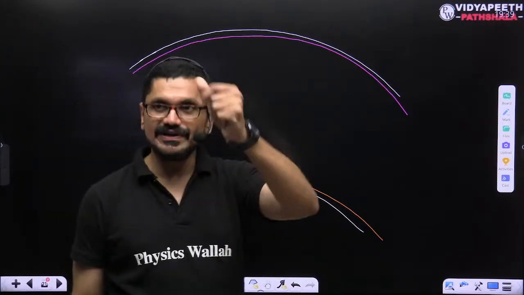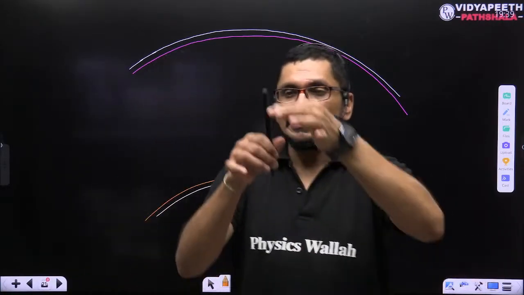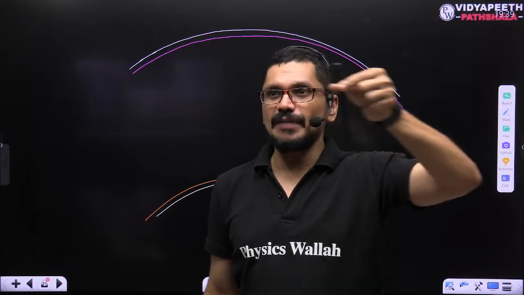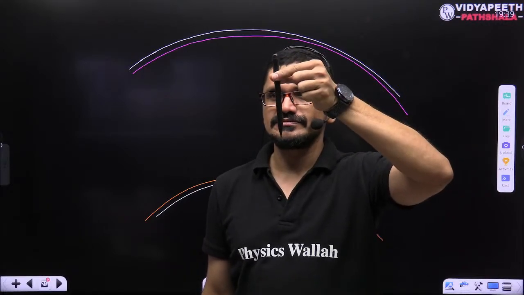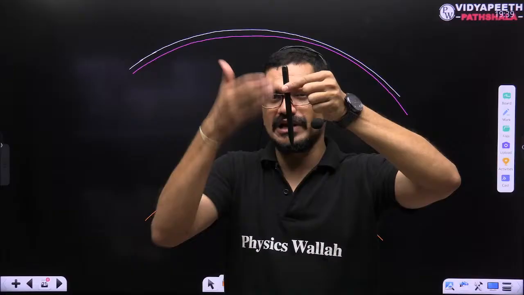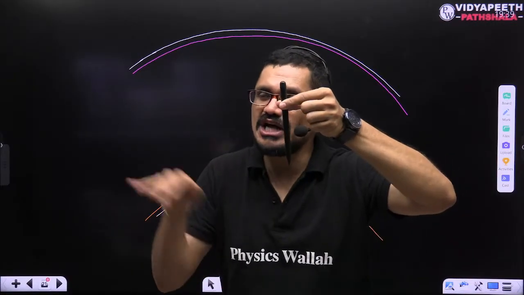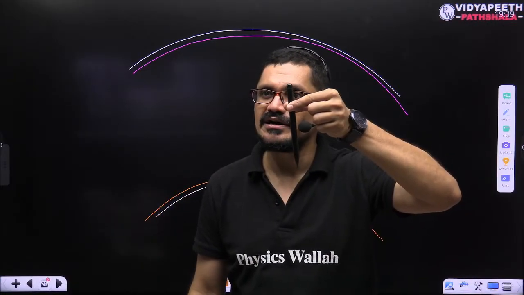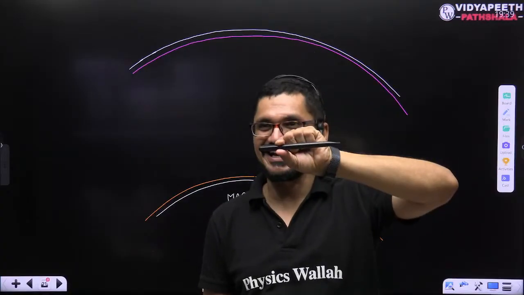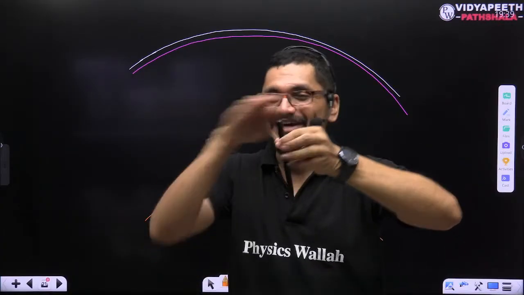Now listen, my dear friends. If it is a vertical section, the pipe will appear like this. If it is a transverse section, how will it appear? Like this? No, it appears circular. So if I make a section, how will it appear?